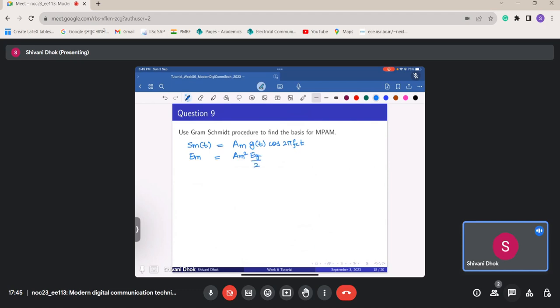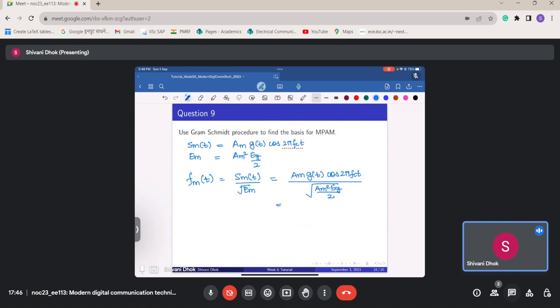Now for this Gram-Schmidt procedure, let's start from this mth point only. So fm(t) is equal to sm(t) upon root Em, and this comes out to be Am g(t) cos 2 pi fc t upon under root Am square Eg by 2.